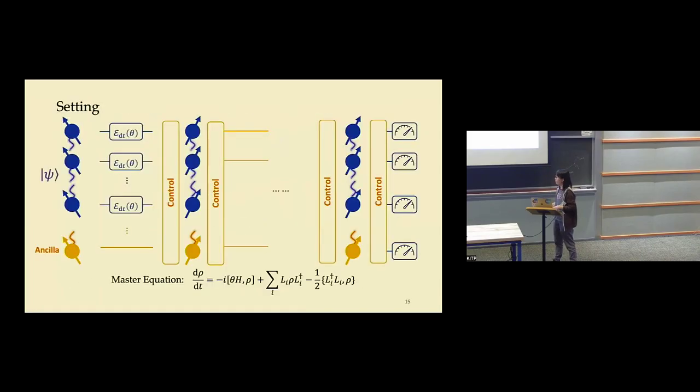Even though here I'm saying that you have to do error correction infinitely fast, as long as it makes sure the error does not propagate anywhere in the system, physically it is smaller than the rate of the noise, then it should be fine. I understand this is a very strong assumption, but I would say it is important to understand even in this limit what we can do with quantum sensing and error correction. Thank you.